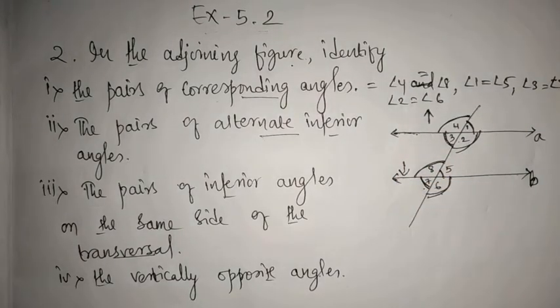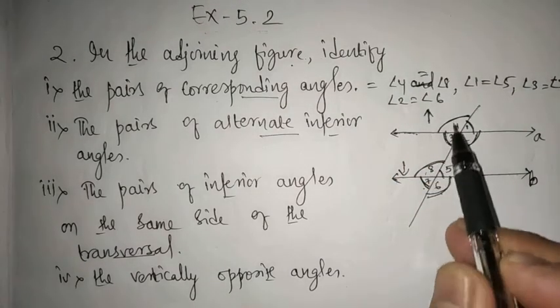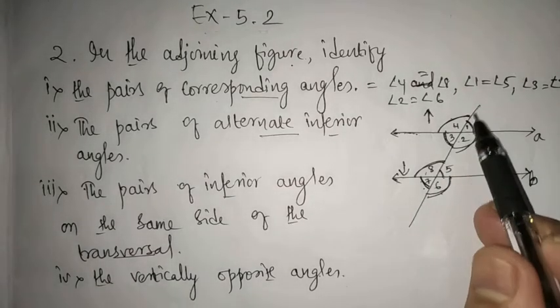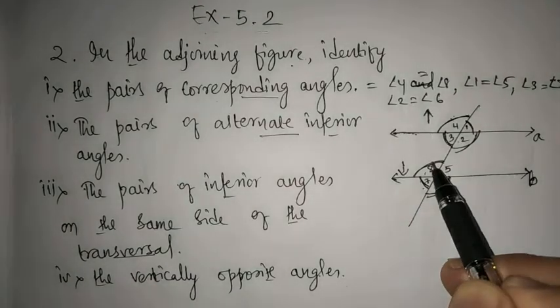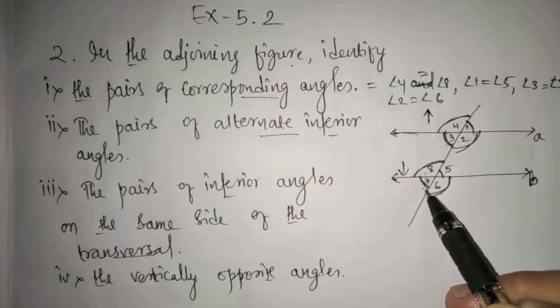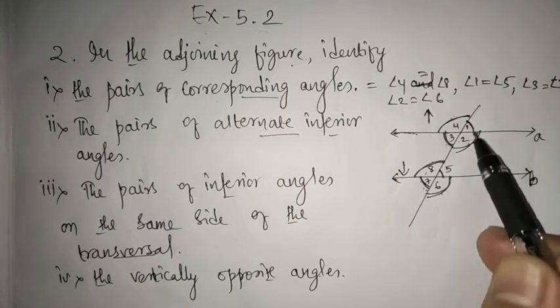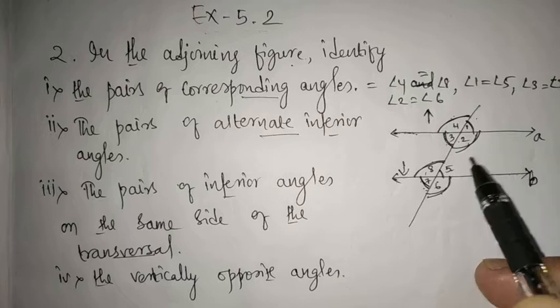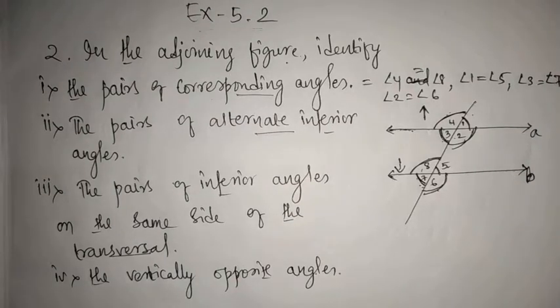So these are the pairs of corresponding angles which are on the same side of the transversal line. Angle 4 is equal to angle 8, angle 3 is equal to angle 7, angle 2 is equal to angle 6, and angle 1 is equal to angle 5. I hope you have understood this.